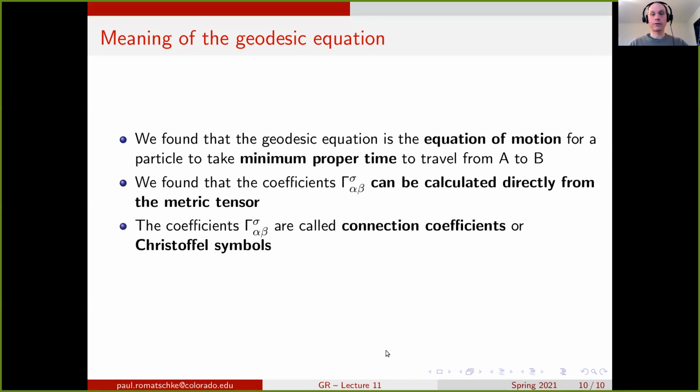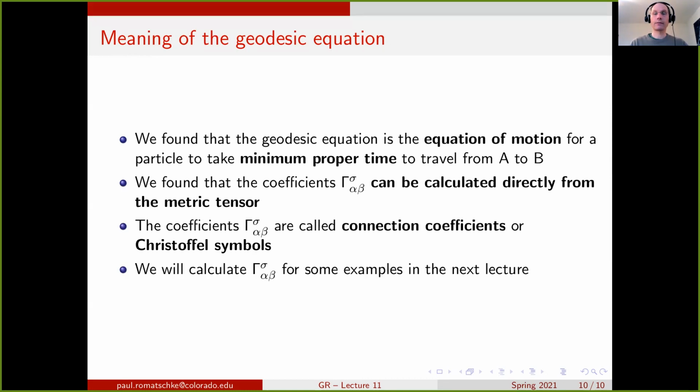These coefficients gamma sigma alpha beta are variously called by different names. One name is connection coefficients, and the other one is Christoffel symbols. And we will calculate examples where we can evaluate these Christoffel symbols explicitly. We will start that next lecture.